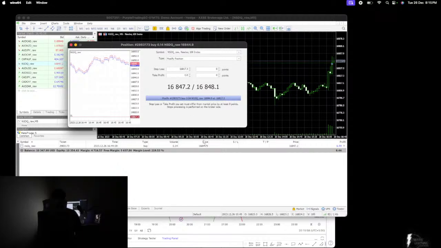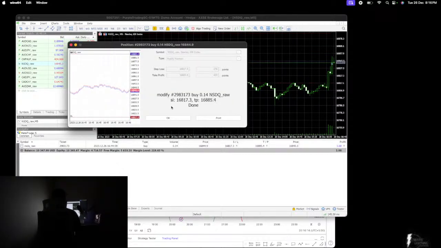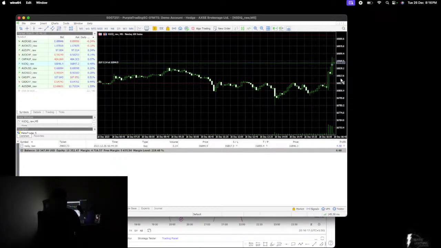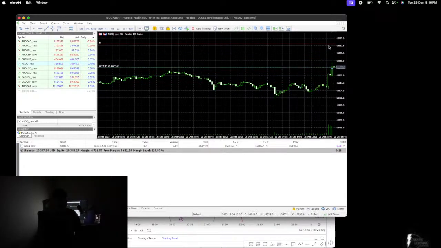So 817, 844, 27 points. So around 40 points will be the target, 16884 or 16885. Right? So this is the stop loss and this is the target.